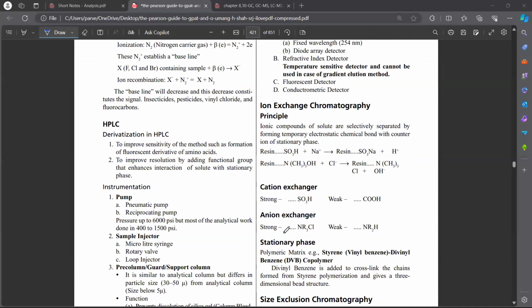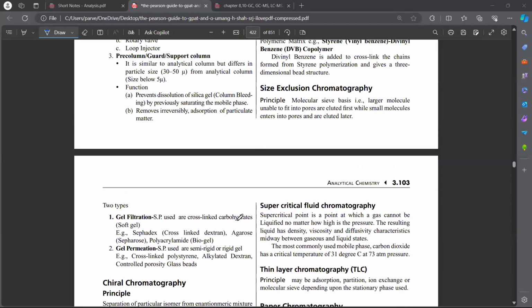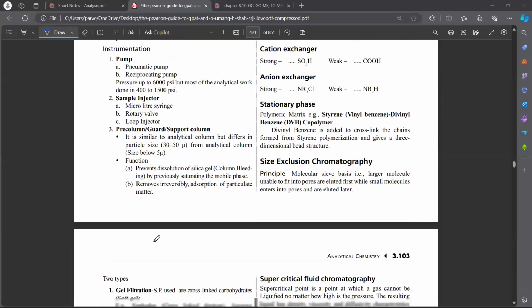Dextran, Sephadex, polyacrylamide gel. These are the different types of gels used in the separation, based upon gel filtration and gel permeation.